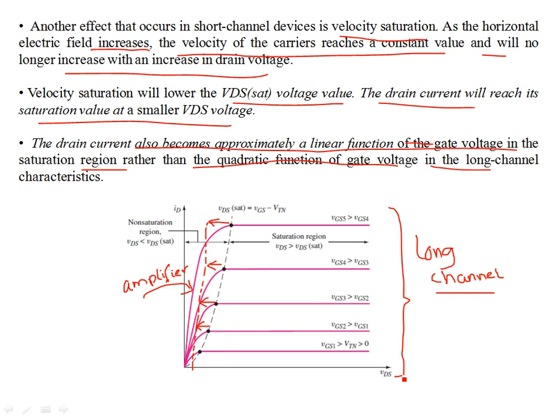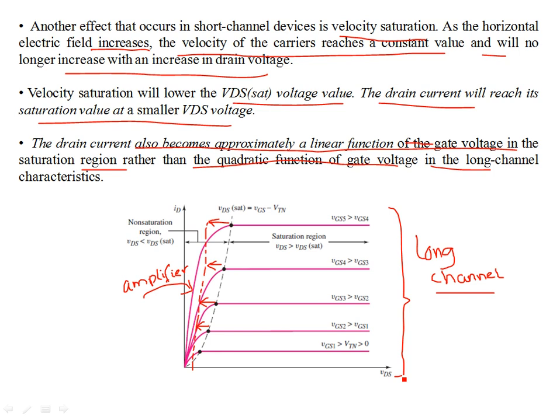But these short channel effects must be kept in mind. If you have a small channel, then your threshold voltage and your horizontal and vertical electric fields are not independent, so everything is going to change, from the threshold voltage to the IV characteristics and the saturation voltages. They will become small due to velocity saturation.